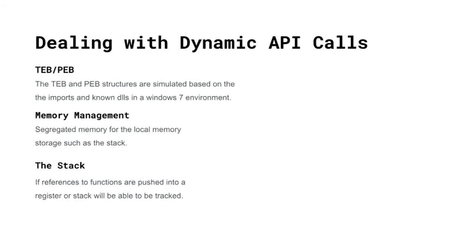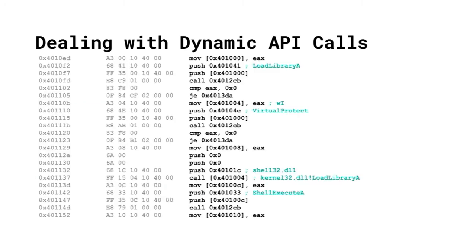Like I explained, if you're doing shellcode, you're dynamically loading the API calls that you need. So from that, it simulates the TEB and PEB, and handles memory management where I segregate everything so that it won't access things it doesn't need to. Because functions can be pushed on the stack, you can actually see that as it's happening. What do I mean by that?